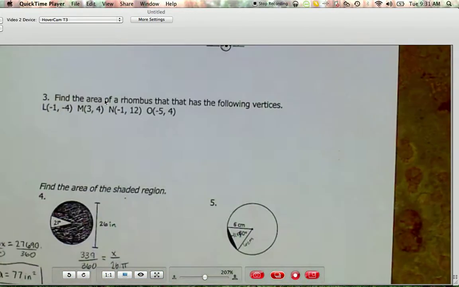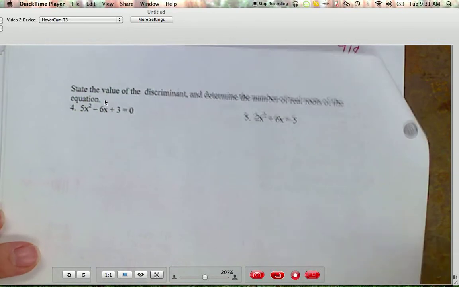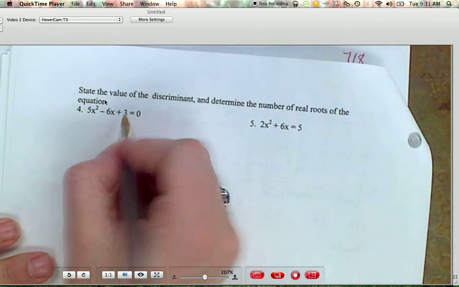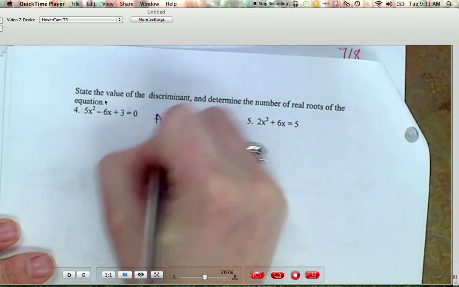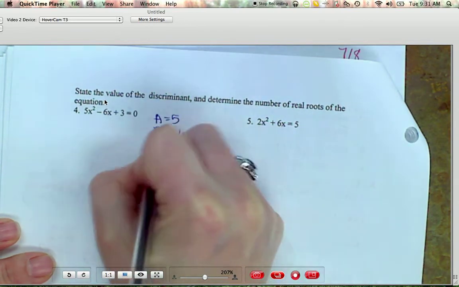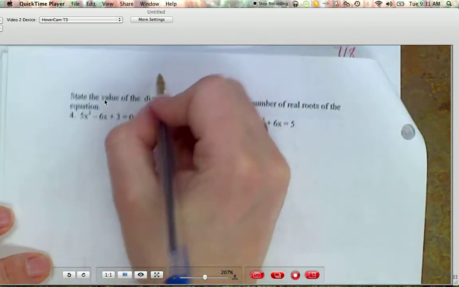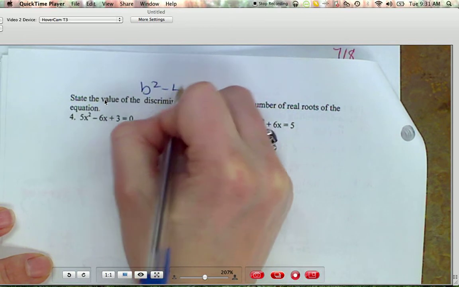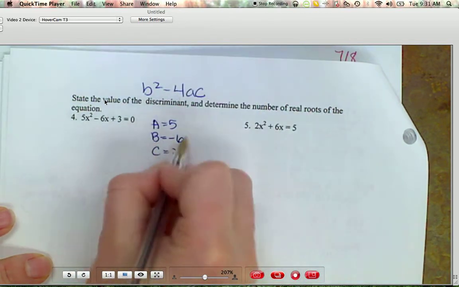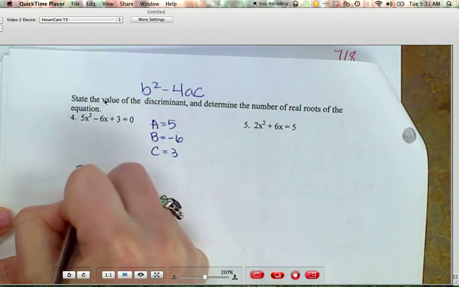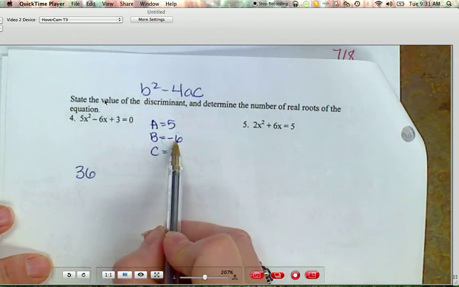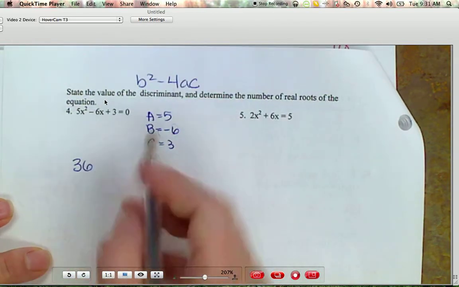So let's put this into action and see what happens. There's only 2 examples here. This one is equal to 0 already. We know A is 5, B is negative 6, and C is 3. So all we're doing is plugging into b squared minus 4ac. B squared, remember, is going to be positive 36. No matter what you square, you always get a positive number.